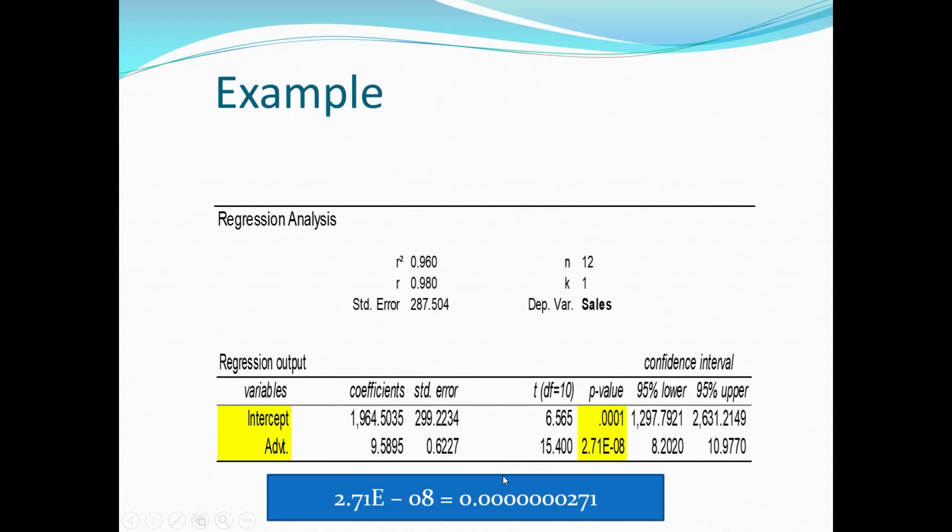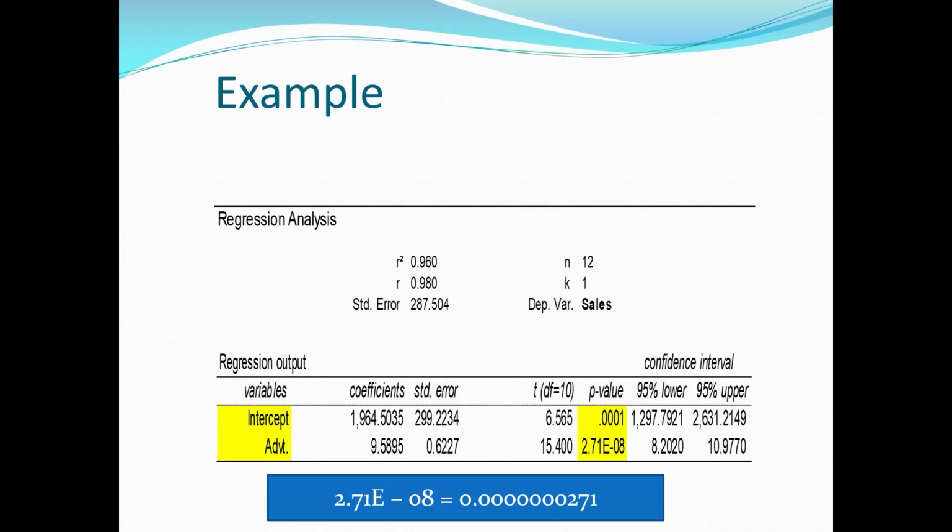See here, 95% lower limit. We cannot get the exact value. We are only estimating, so estimation is between a lower limit and an upper limit. See here, 95% confidence. In 95% of the cases, the value will be between 1297 and the upper limit, 2631.